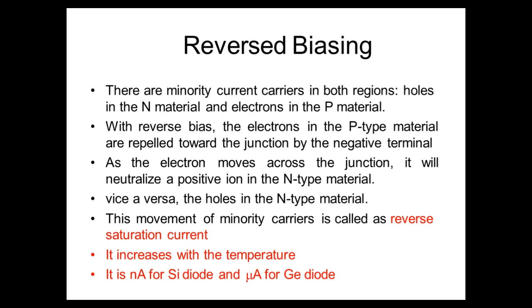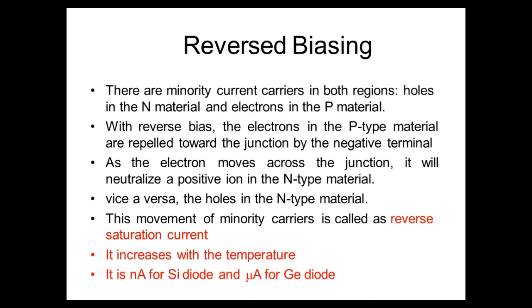This movement produced by the minority charge carriers is called reverse saturation current. What is that? The current produced by the minority charge carriers is termed as reverse saturation current, and you should always note that it increases with temperature.